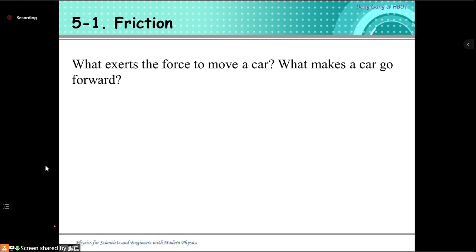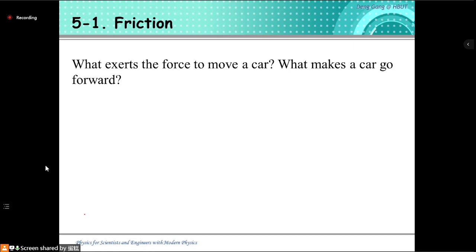Okay, so what exerts the force to move a car, or what makes a car go forward? Usually you will believe the force that makes the car go forward comes from the engine.